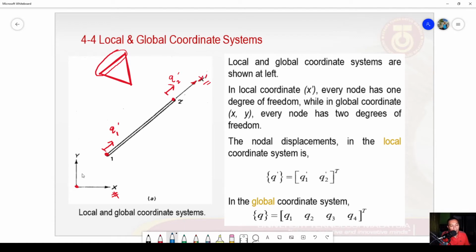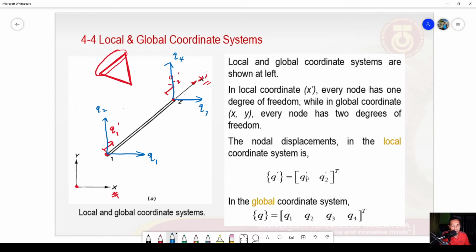But if we look at this structure in the global coordinate system, then this structure has 2 degrees of freedom at each node, such that we can write these displacements following the sign convention that we had before: Q1, Q2, Q3, and Q4.